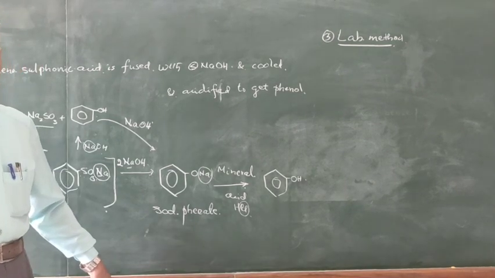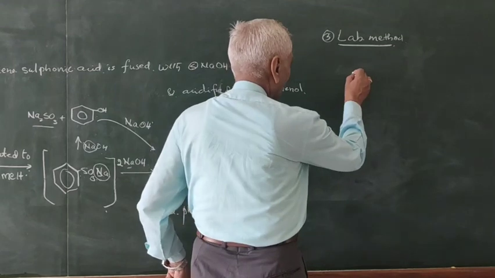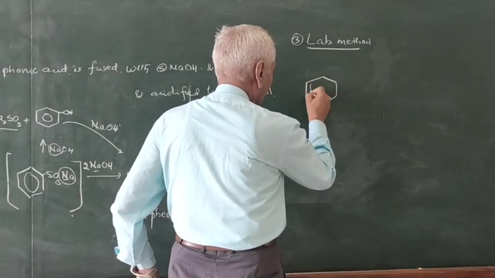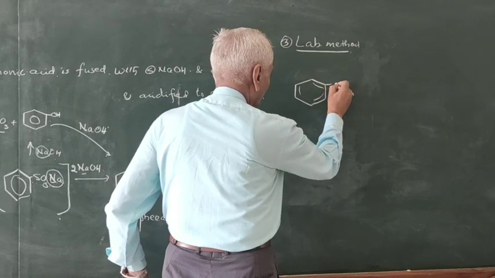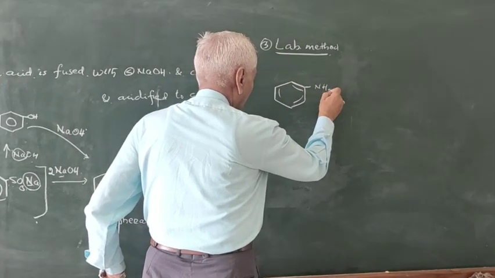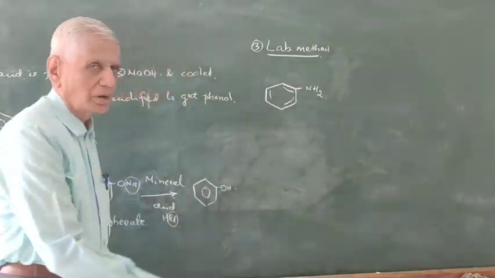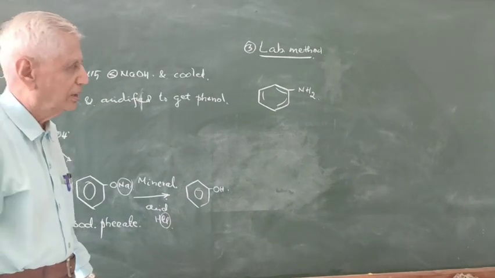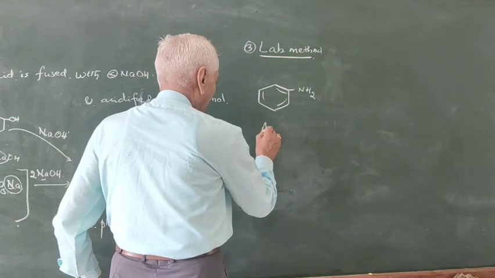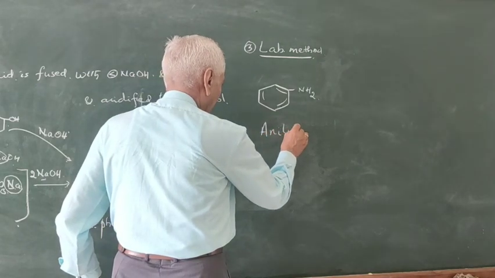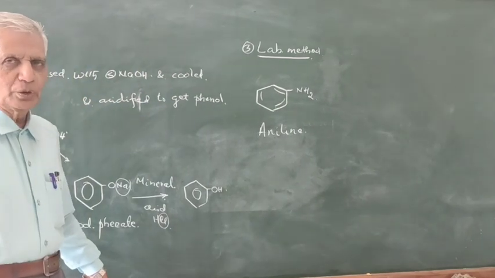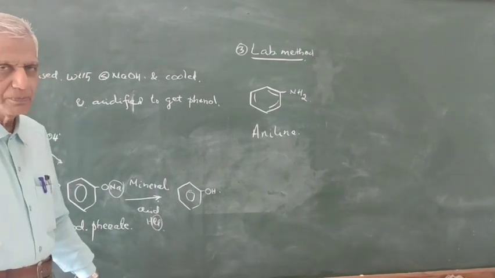Phenol is prepared from this compound. Can you tell what is the name of this compound? NH2 group is amine, aminobenzene, or it is also called as aniline. Starting from aniline, you can prepare phenol.